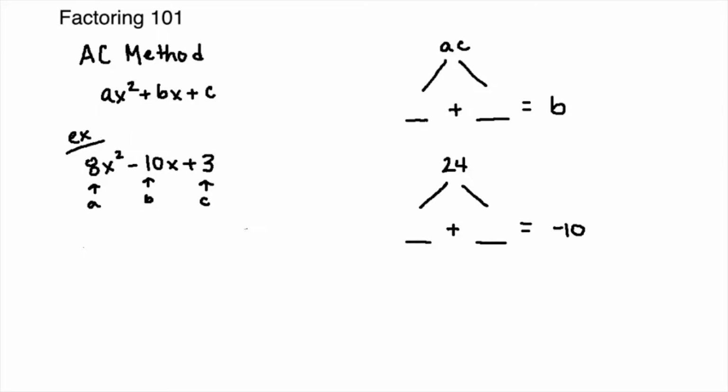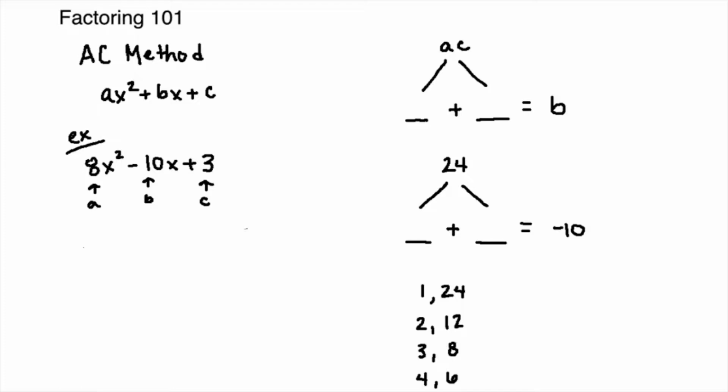So we need factors of 24. So factors of 24 are 1 and 24, 2 and 12, 3 and 8, and then 4 and 6.